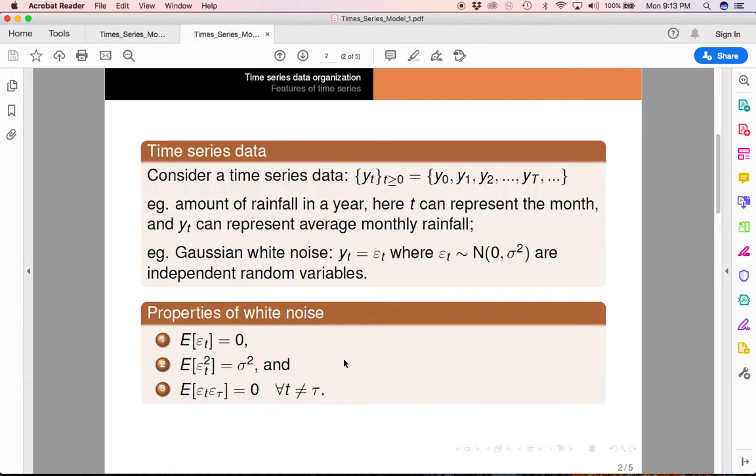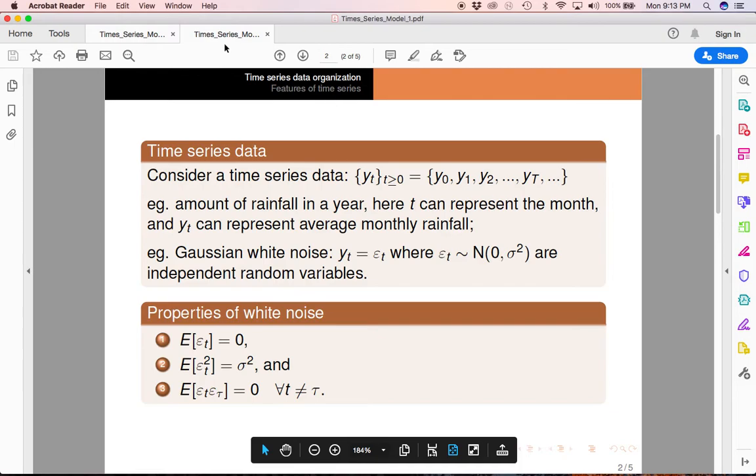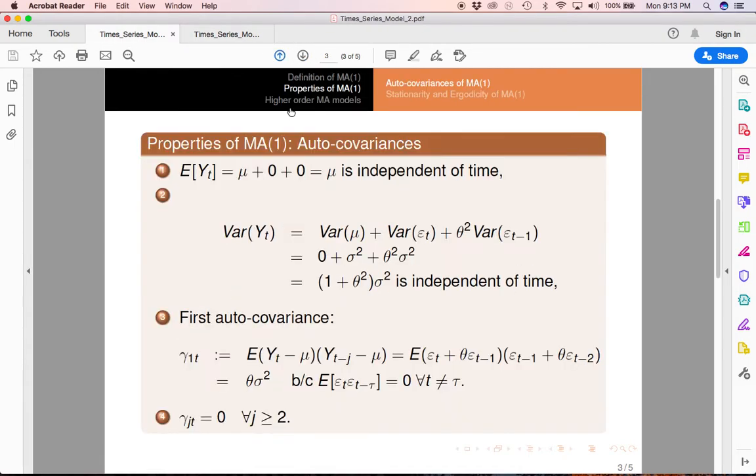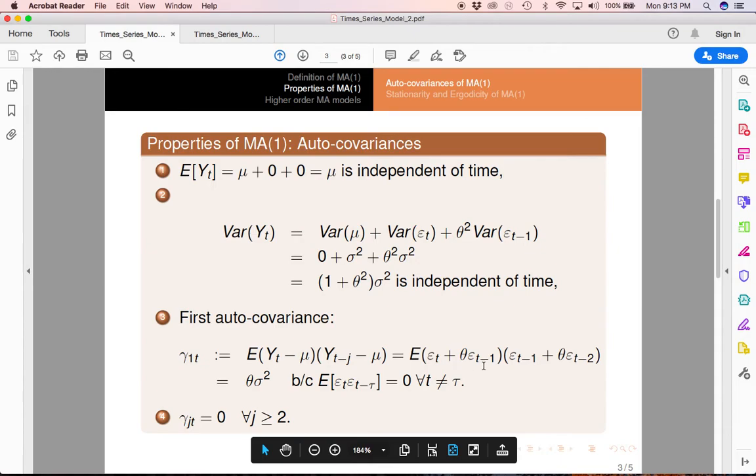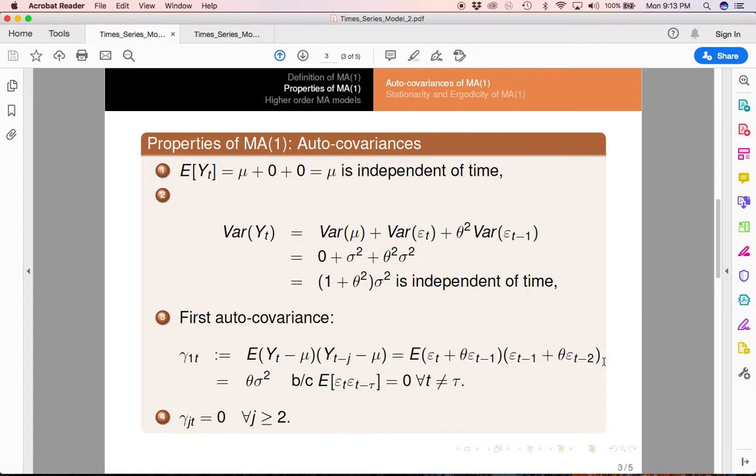So we will write the first of these expressions as epsilon t plus theta times epsilon t minus 1. For the second term, we will just replace t by t minus j. Remember, j here is just 1, so that's why we have epsilon t minus 1 plus theta times epsilon t minus 2.